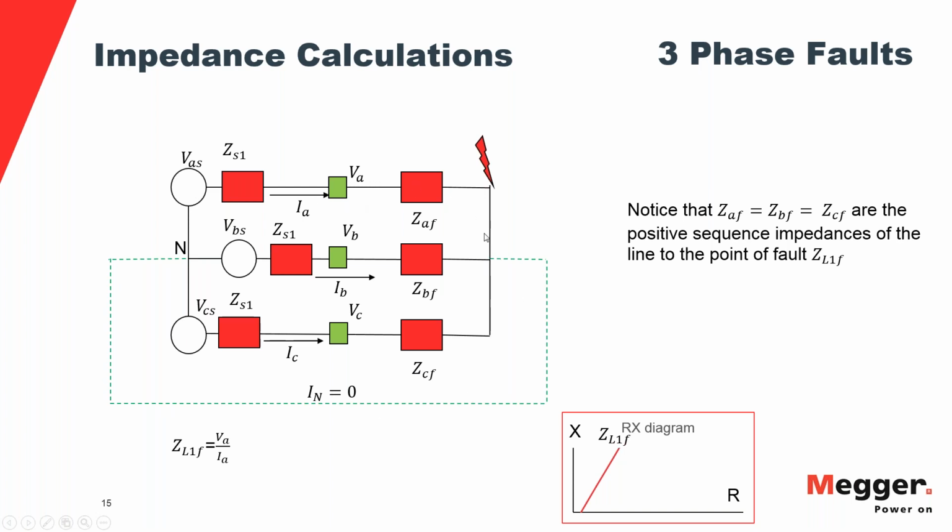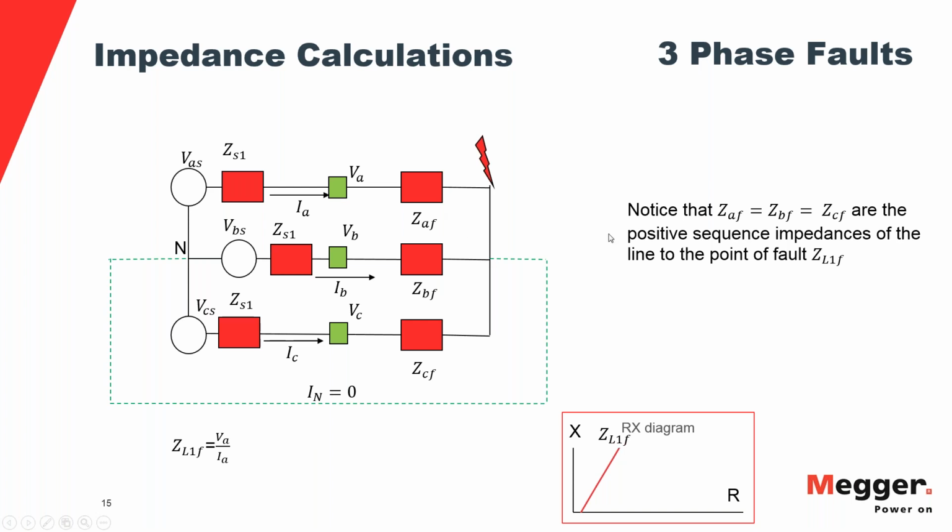So the impedance to the fault can be calculated as any of the impedances of the phases, and we can say then that the impedance to the fault will be simply the voltage at the measurement point to the neutral divided by the current that's circulating in that particular phase.